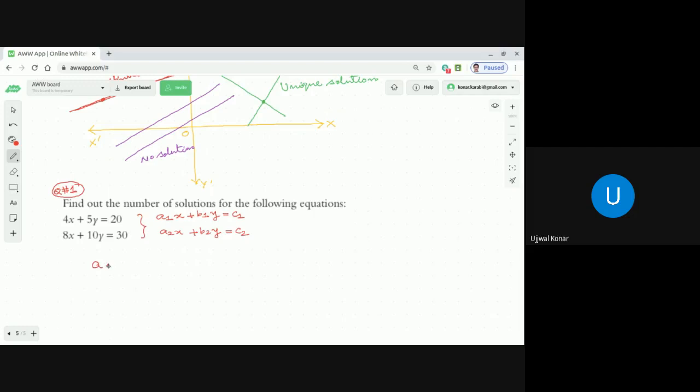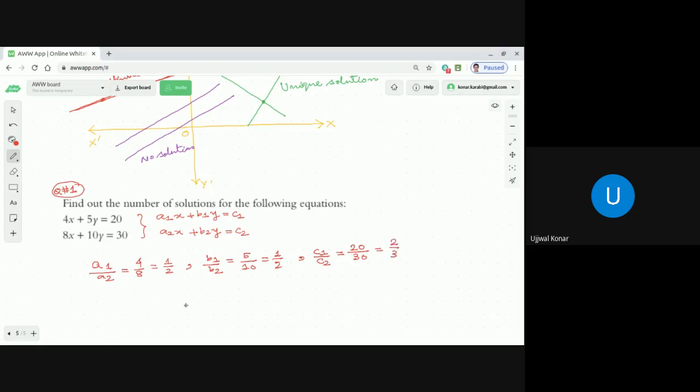So a1 by a2 is equal to 4 by 8, that is equal to 1 by 2. Then we find b1 by b2. b1 by b2 is equal to 5 by 10, and that is also equal to 1 by 2. And what is c1 by c2? c1 by c2 is equal to 20 by 30, that is equal to 2 by 3.